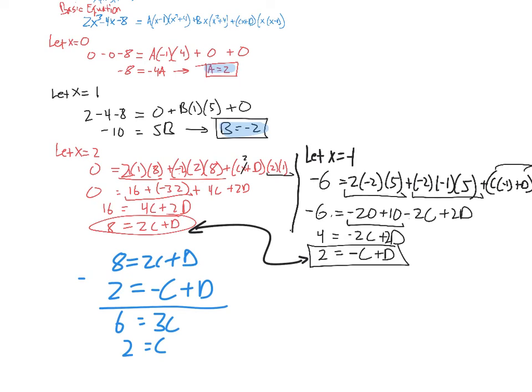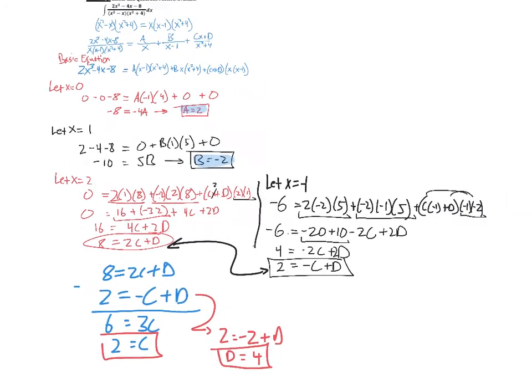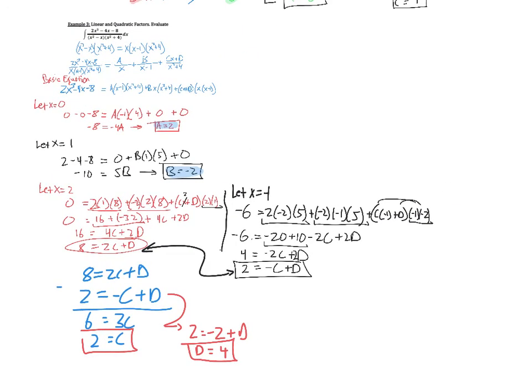Great. And easy enough to plug that in there. So we have 2 equals negative 2 plus D. So D is 4. Okay, good news there. And that's what we were going for.